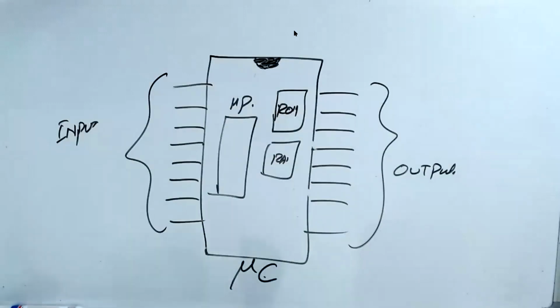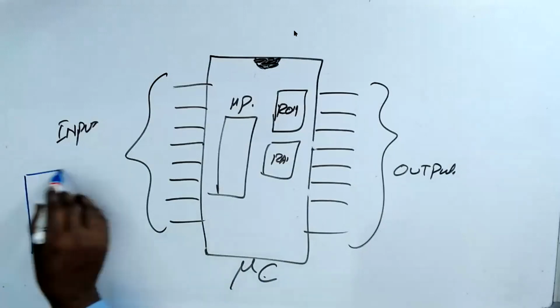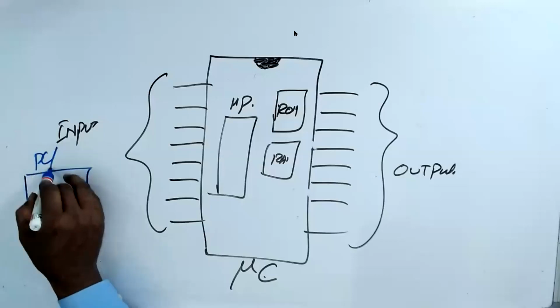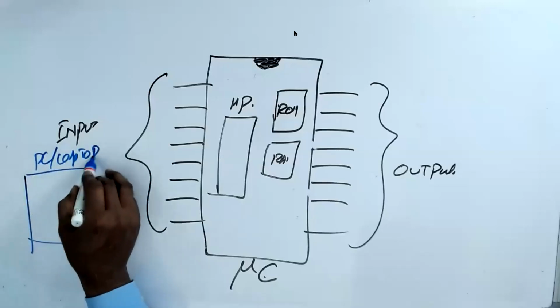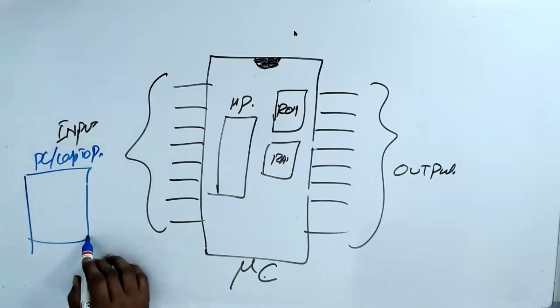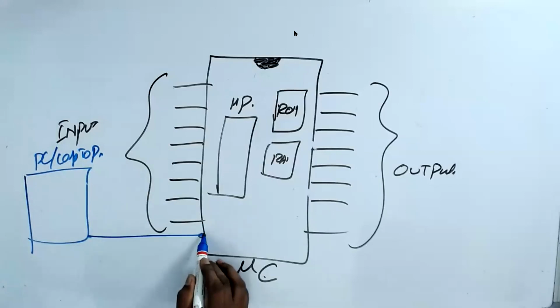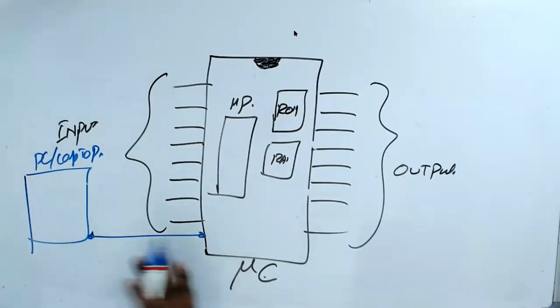This is called a microcontroller. Now you write the software on your PC or laptop. Then you connect to it through the input wires. That we will discuss later. Maybe next week I'll explain more clearly.